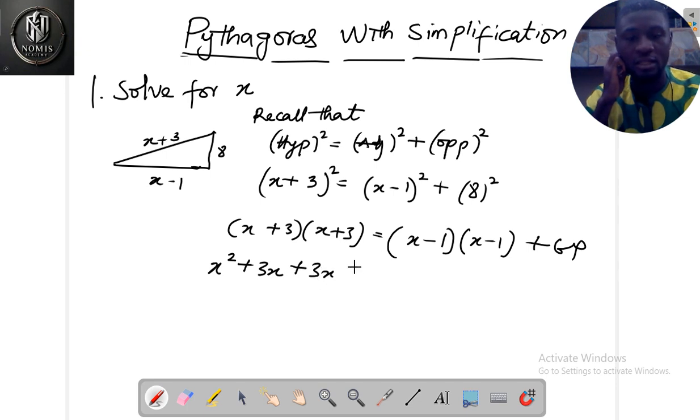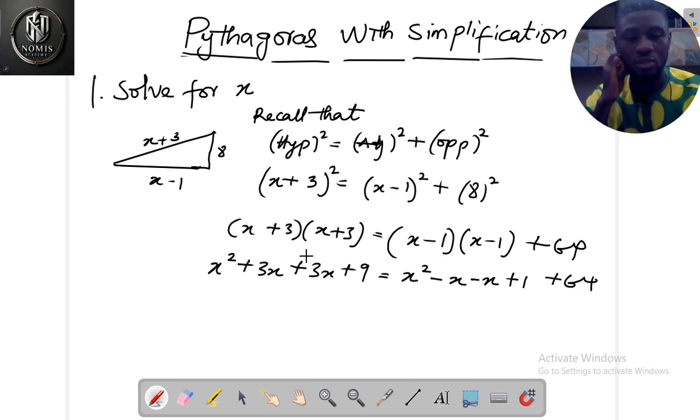And then 3 multiplied by 3, we have plus 9. Equals, the same thing should be done here. x multiplied by x, we have x squared. x multiplied by minus 1, we have minus x. Minus 1 multiplied by x, we still have minus x. Minus 1 multiplied by minus 1, we have plus 1. And then lastly, plus 64.